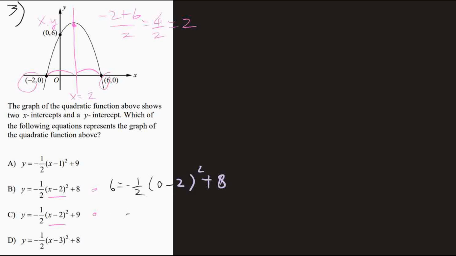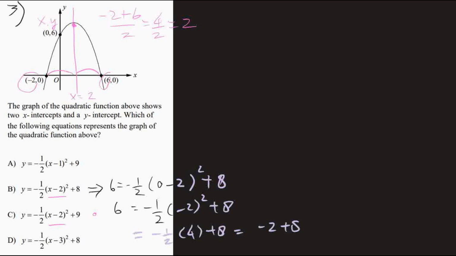Then we just continue for this one, B. Now we see that 6 equals minus half times (minus 2) squared plus 8, which equals minus half times 4 plus 8, which equals minus 2 plus 8, which equals 6. So this is matching, so this will be our answer.